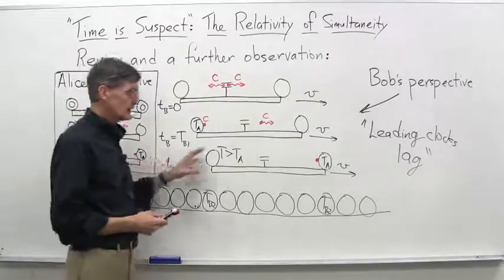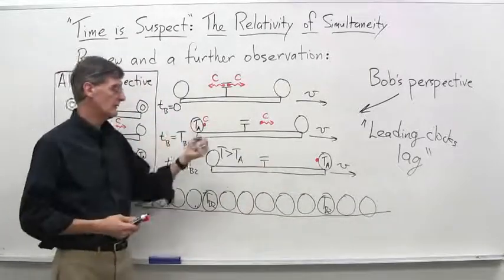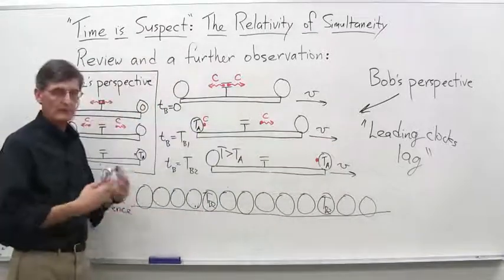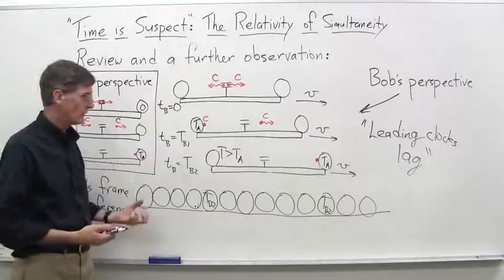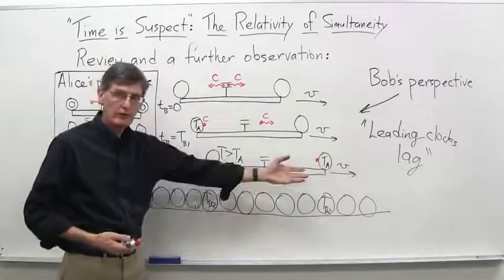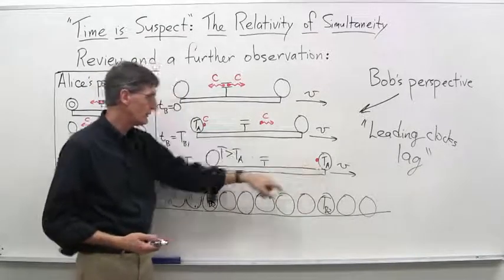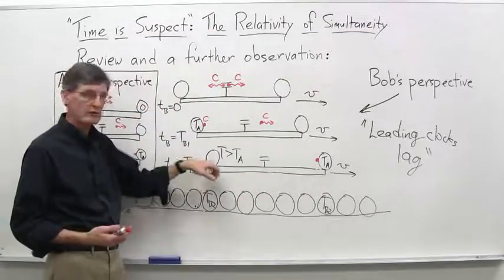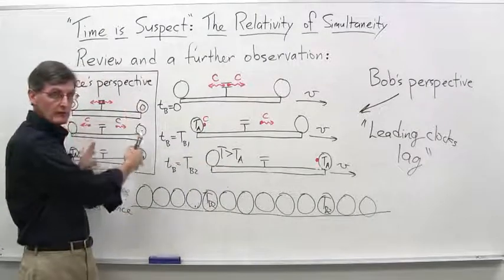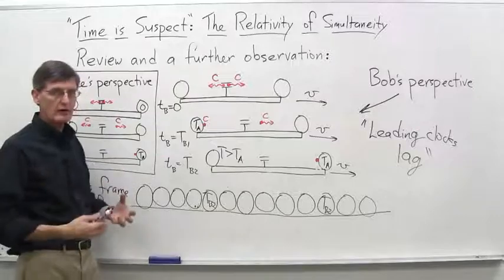And this idea that leading clocks lag is really a result of this whole idea that simultaneity is relative, synchronization is relative, absolute time cannot be defined, and that if you have a set of clocks moving by you at a high velocity, the clock that's leading will trail, in terms of its timekeeping, the clock back here, assuming that their clocks were synchronized in their own frame of reference, in Alice's frame of reference here. So just remember that principle, leading clocks lag.